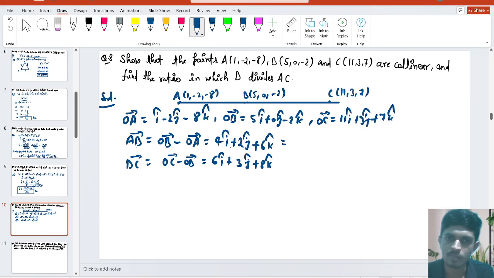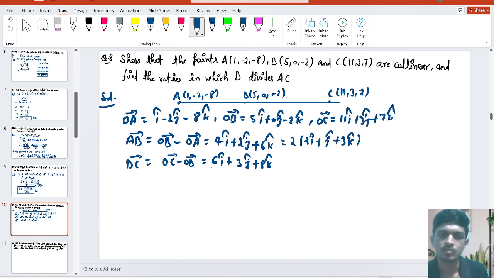Taking 3 common here, you get 3 times 2i cap plus j cap plus 3k cap. Let me check: OC minus OB, this is 11 minus 5, you get 6; 3 minus 0 gives 3; 7 minus (minus 2) becomes 9.